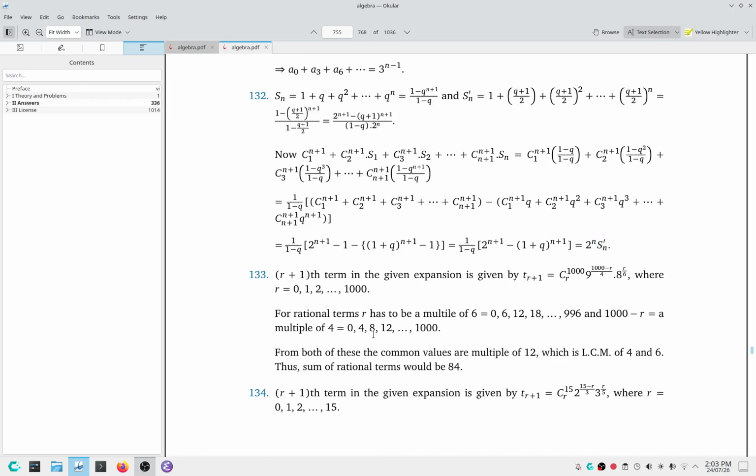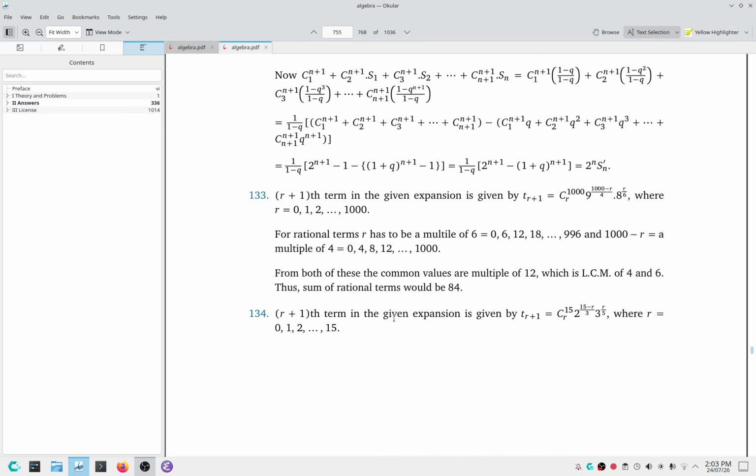That is equal to 0, 4, 8, 12 and so on. Now the LCM of 6 and 4 is 12. So the number of terms would be actually 84 when we divide 1000 by 12: 12 times 8 is 96 and 12 times 3 is 36, so 83, plus this 0, so 84 terms.